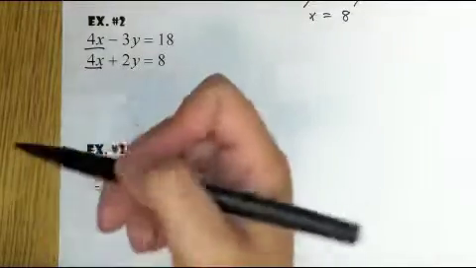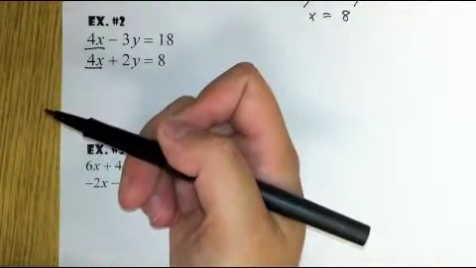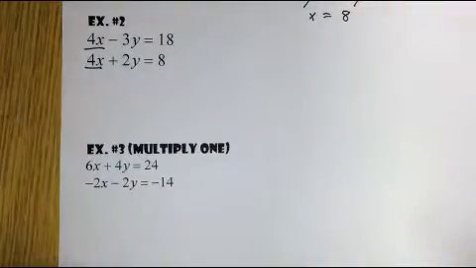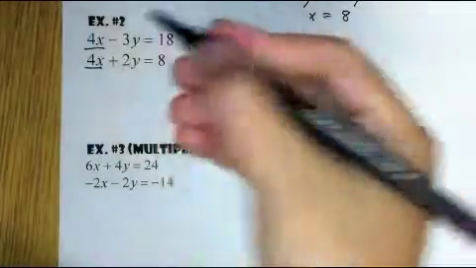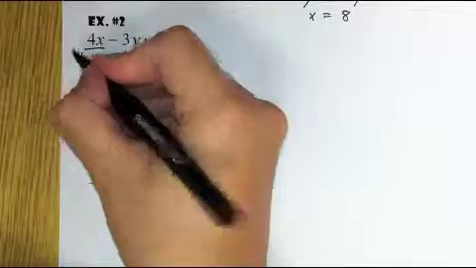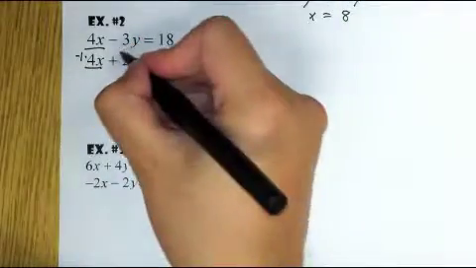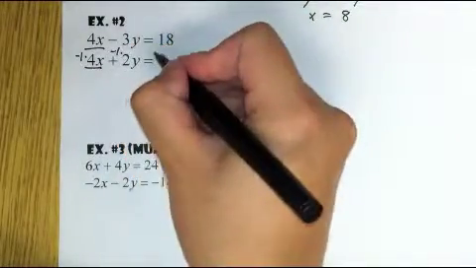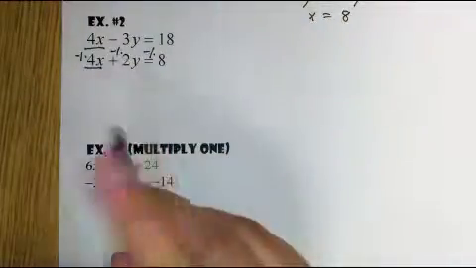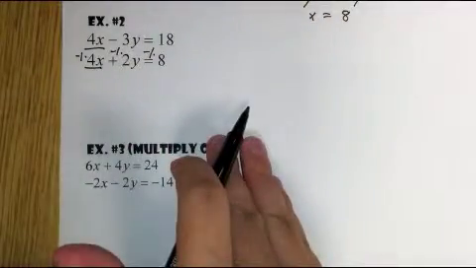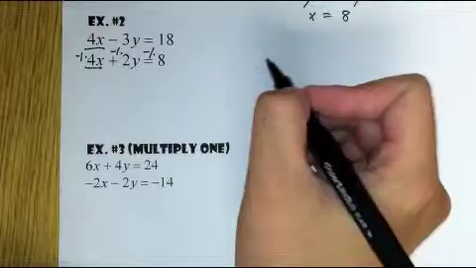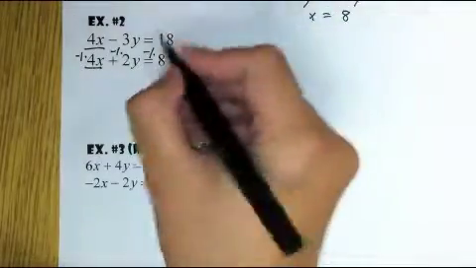Well, you could either multiply by negative 1 or just flip all of the signs in the equation. Okay, I'm going to multiply by negative 1 just because I want to keep it consistent. Whatever you do to one thing, you must do all the way across the board. That's a common mistake that I see. All right, so what do we get?